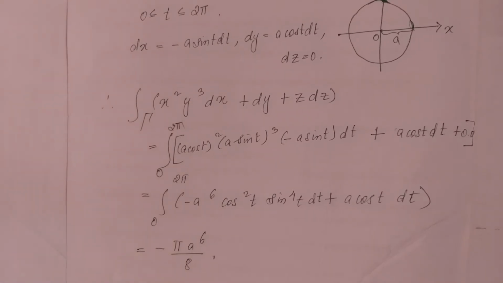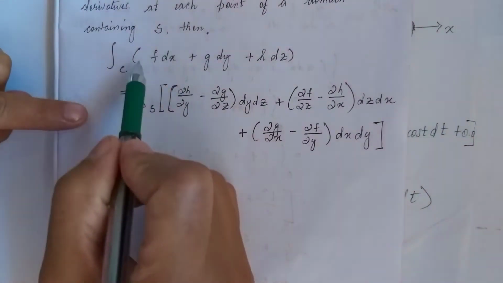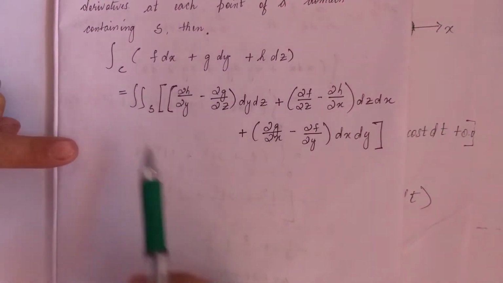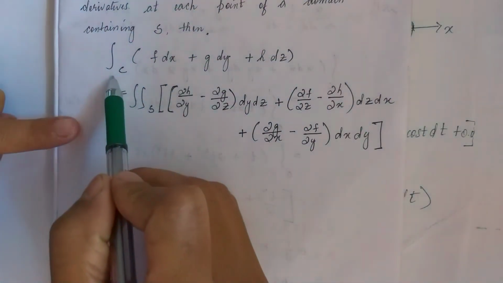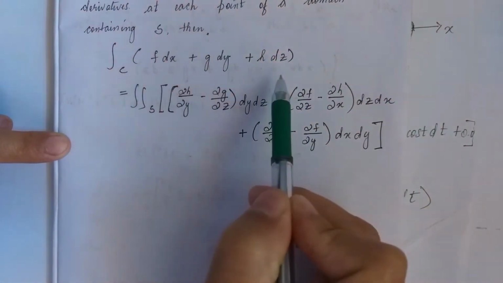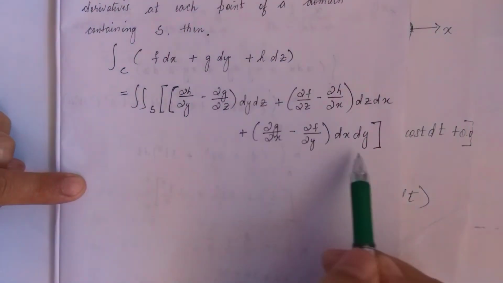Since we have to verify Stokes' theorem, we also have to find out, this is Stokes' theorem. We already found this curve integral. Now we are going to find out this surface integral.